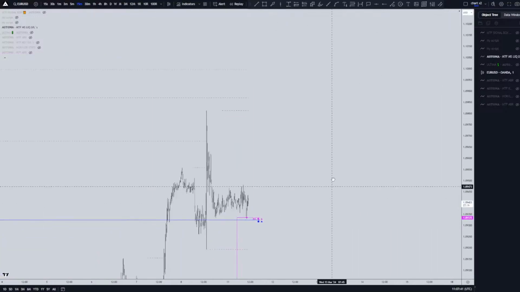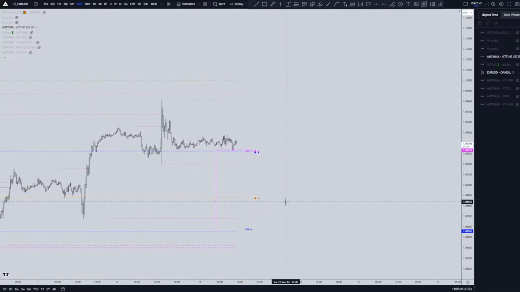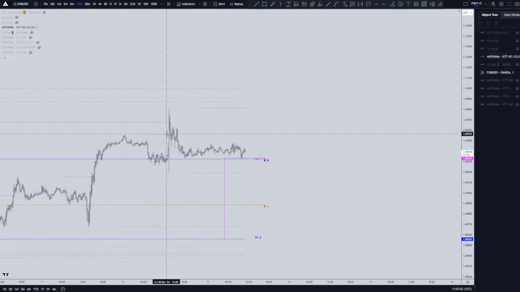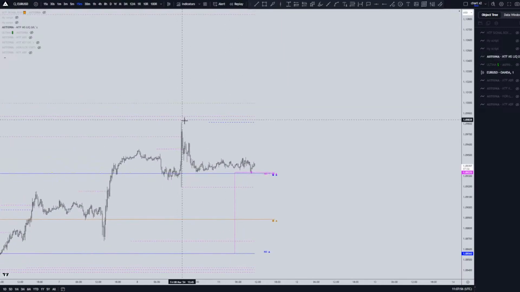So if we simply look at the liquidity as our targets, Friday we had this nice spike up to take out this old 8-hour and recent 8-hour market structure liquidity. It rejected.